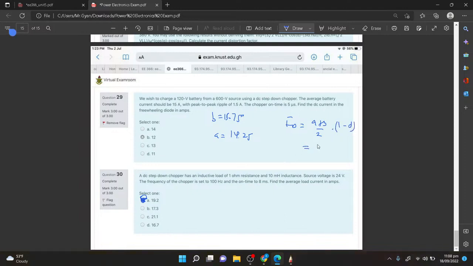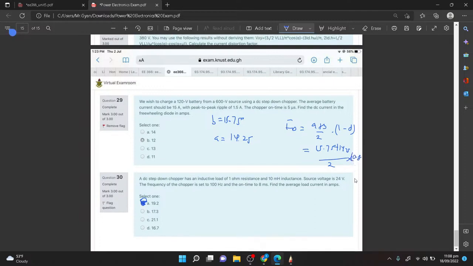We got D to be 0.2. So kindly do it: 15.75 plus 14.25, that's 30, over 2 times 1 minus 0.2, so times 0.8. So do 30 times 0.8, what do you get? 12. Okay, so the answer is 12 here.